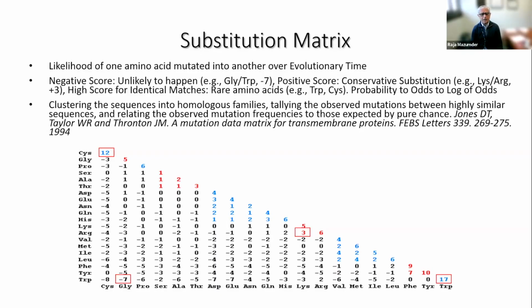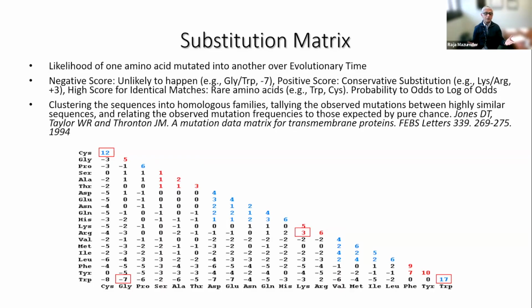I have another slide on BLAST. BLAST is one of the most widely used software tools in bioinformatics, right? And when it is trying to find homology or homologous sequences, it uses a matrix like this. What a matrix does, and what Margaret Dayhoff did, and others after her also refined it a lot, is they would look at alignments from closely related or distantly related proteins, and then try to understand how many of the amino acids are different between the two pairwise alignments, or it could be a multiple sequence alignment.